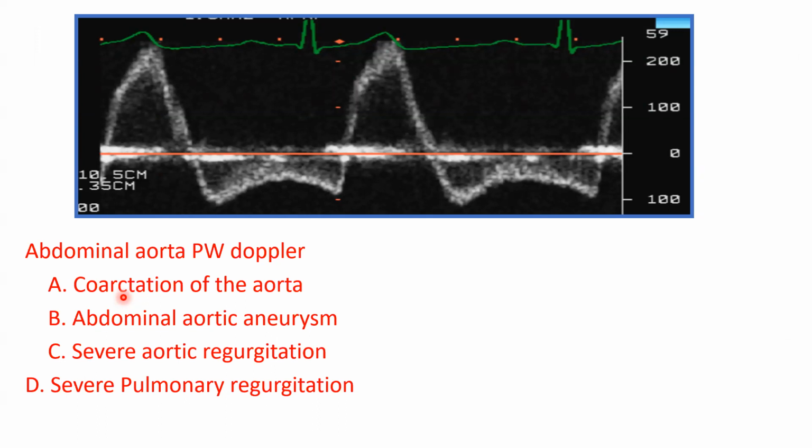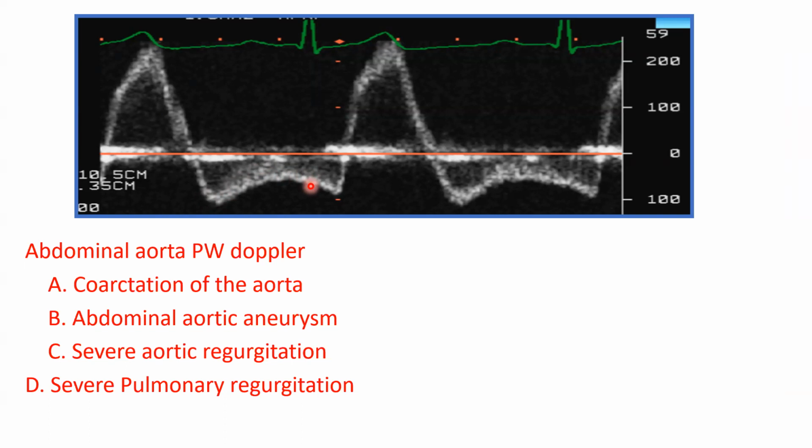Here is pulse Doppler from the abdominal aorta, where the systolic wave is normal, coming forward and ending during systole. But unfortunately, there is backward flow through the abdominal aorta.